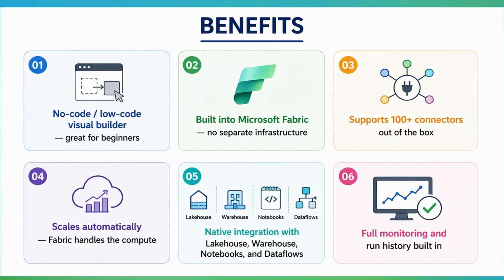You can track every run, see the logs and monitor performance. That means transparency and control over your data processes. So in short, we can say Fabric pipelines are easy to build, deeply integrated, highly scalable, and fully monitored. They are designed to make data automation accessible and reliable for everyone.